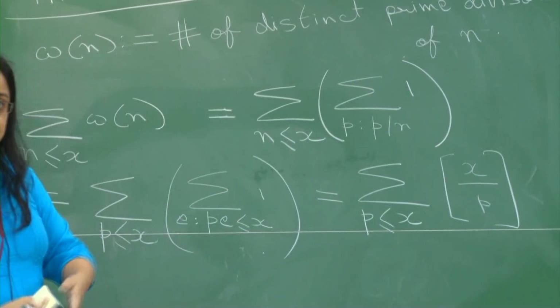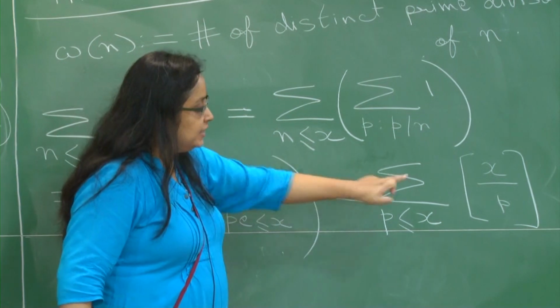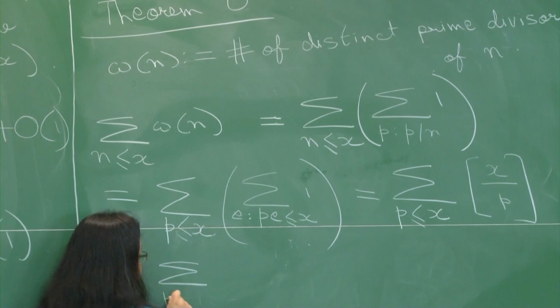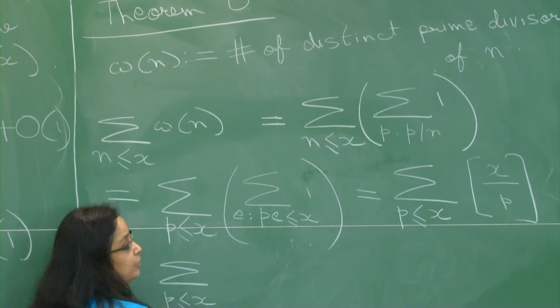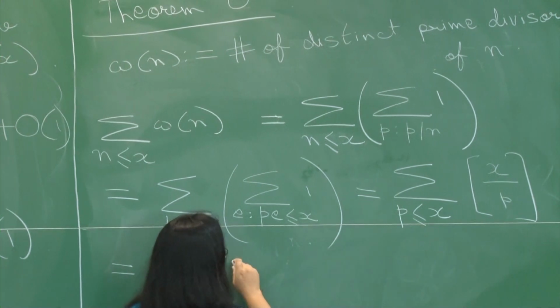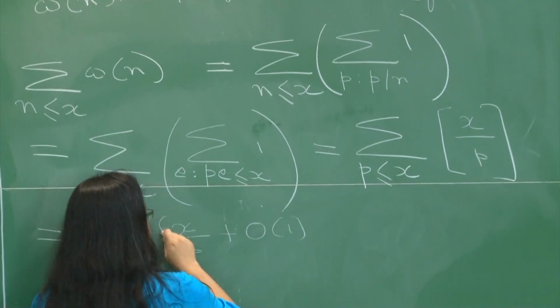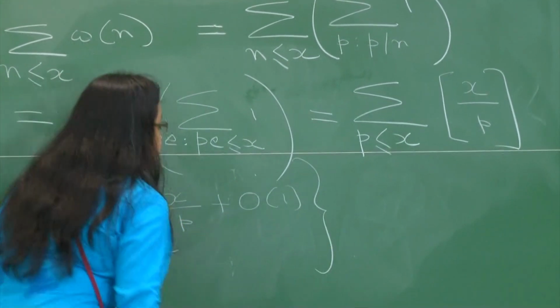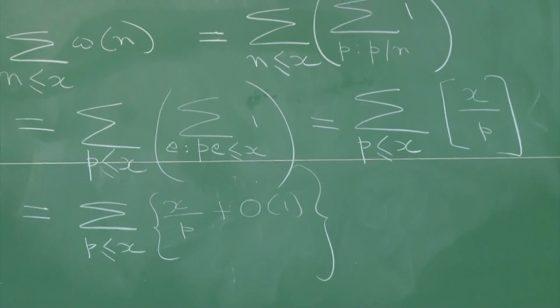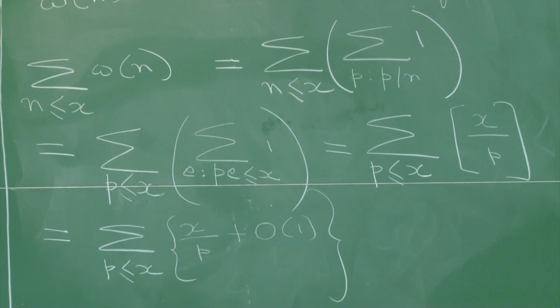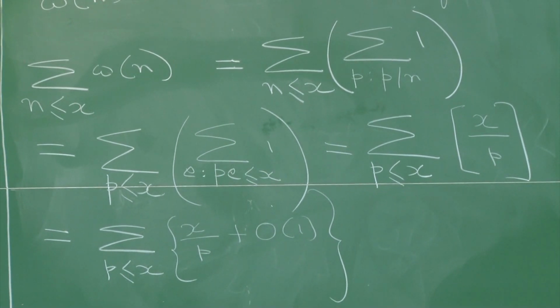We just studied lots of theorems about sums of this form, and furthermore, what you have is p less than or equal to x. So, this you can write as x by p plus O of 1, right. And so, now you are just left with a main term that involves the sum of the reciprocal of primes, which we pretty much spent the entire hour learning.